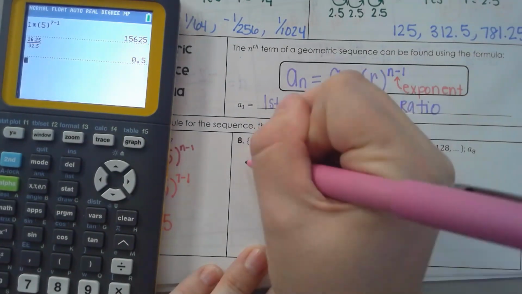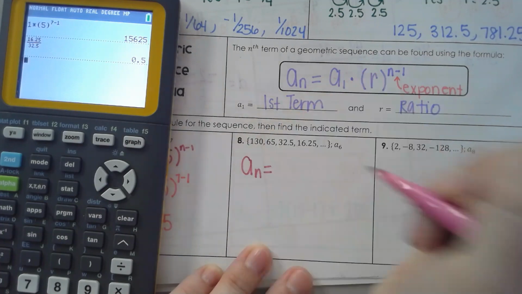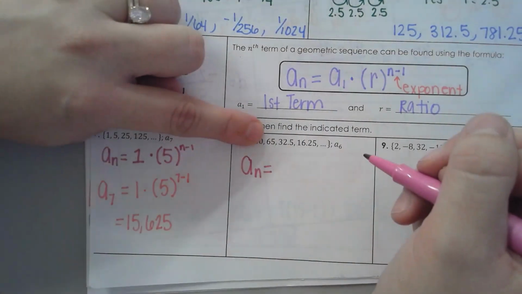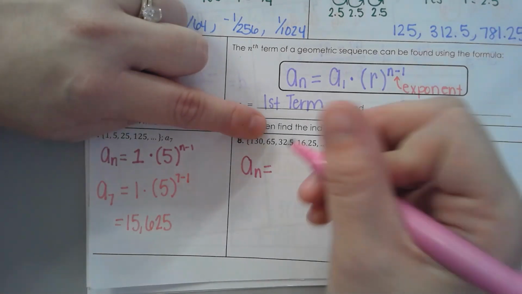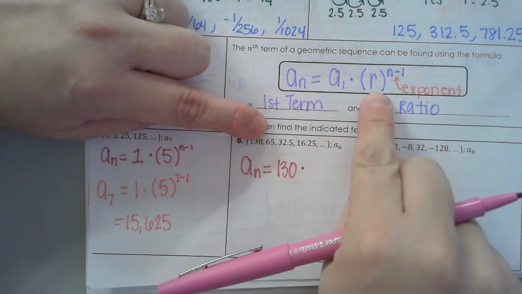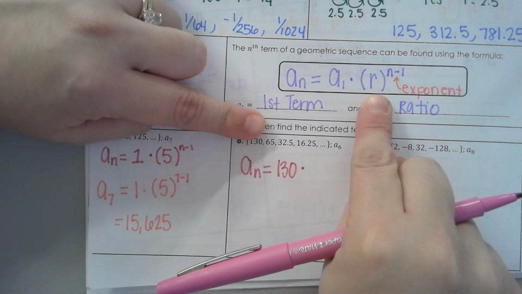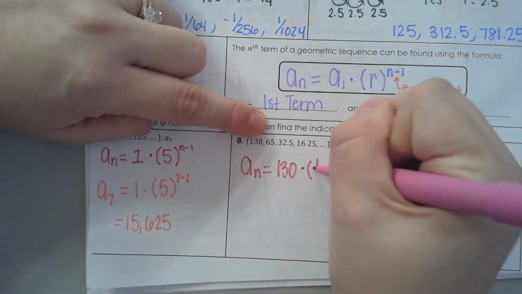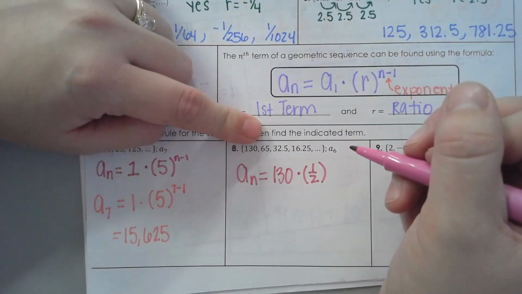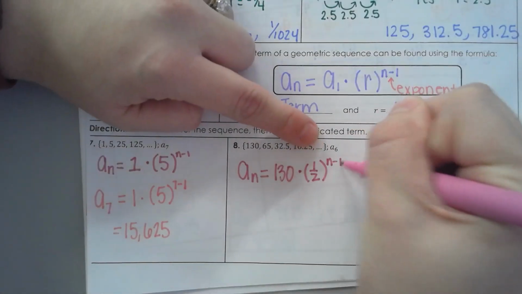So AN equals A1. We start with our A1, which is 130, times R, which we said was 1/2, or you can do 0.5 there, that's fine, to the n minus 1 power.